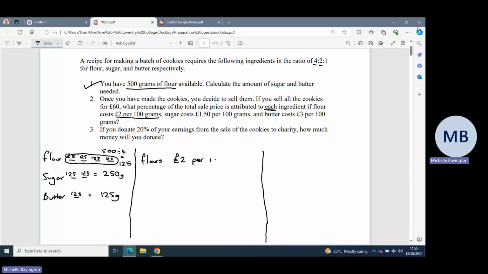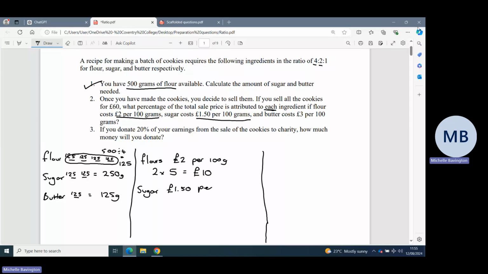per 100 gram, and I've got 500 grams. So that's £2 times 500. Well, there's 500 in 500, so that is £10. The sugar, I need 250 grams. How much is the sugar? 150 per 100 grams. So let's write that down.